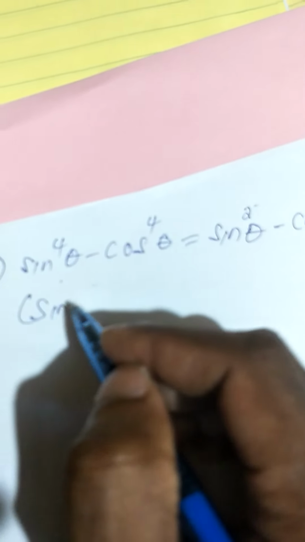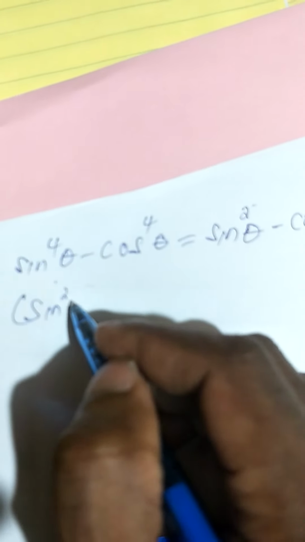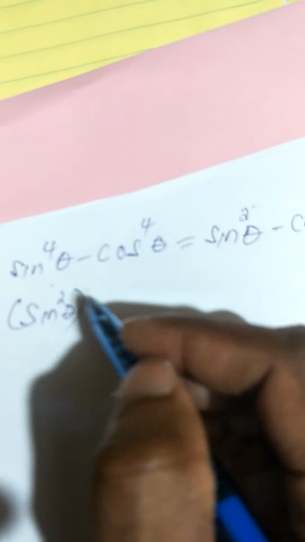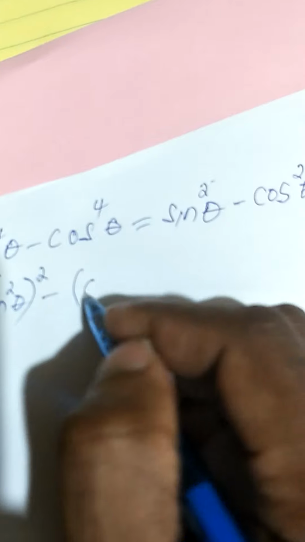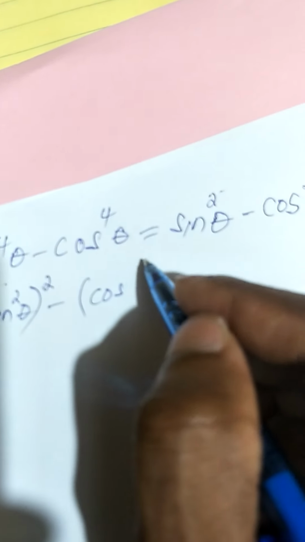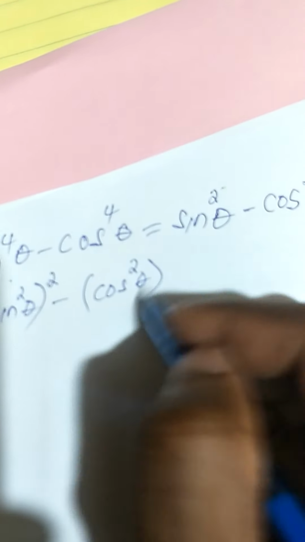If I simplify, it will go like this: open bracket sin theta squared close bracket raised to power of 2 minus open bracket cos theta squared close bracket.